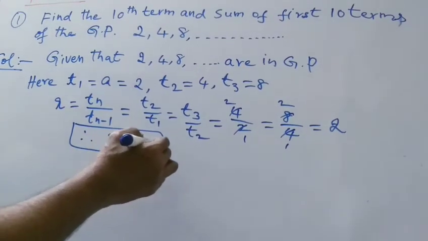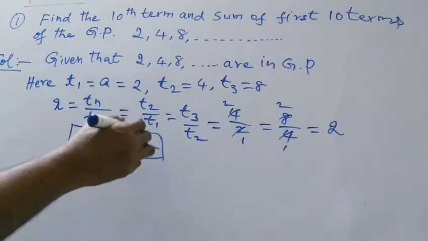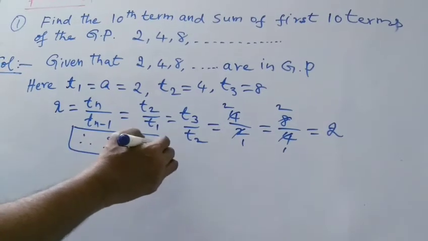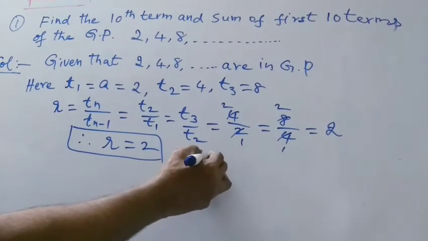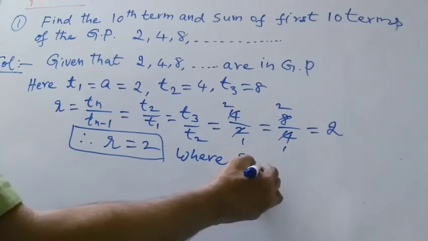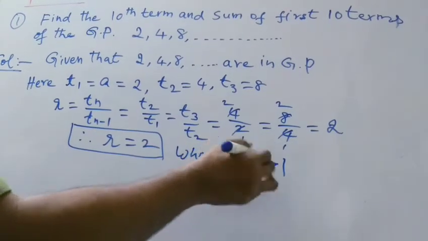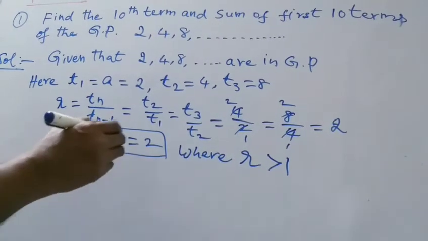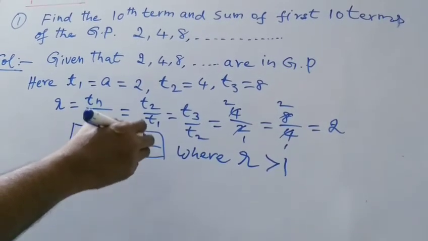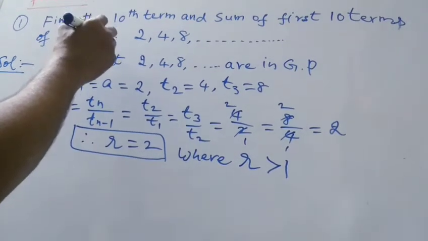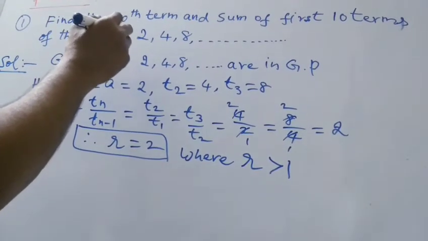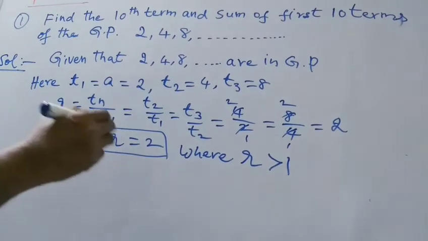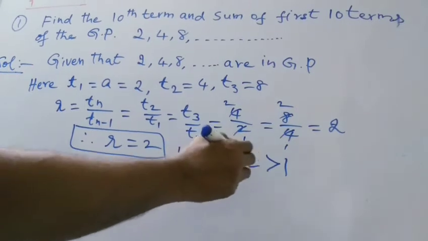Here, this common ratio is greater than 1, not less than 1, because the common ratio is a positive integer here. So, for the 10th term and sum of first terms, we have to take the formula for common ratio greater than 1.